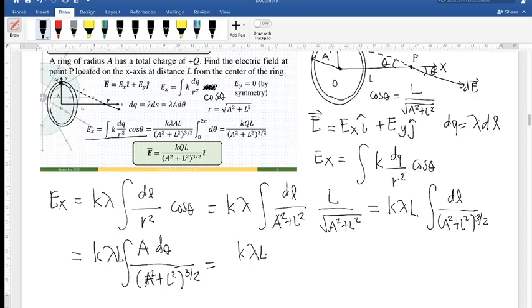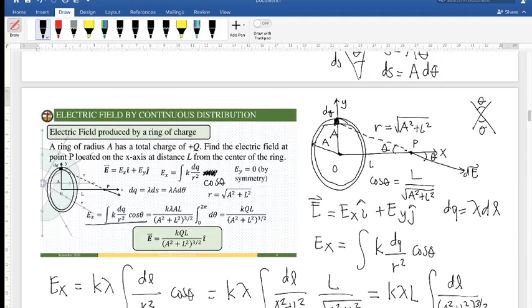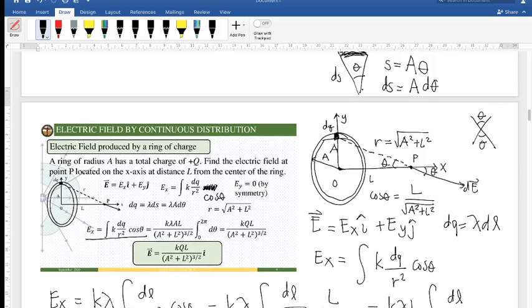So k lambda L a, tapos meron tayong a squared plus L squared raised to 3/2, tapos the integral of d theta. Your theta here is actually changing.